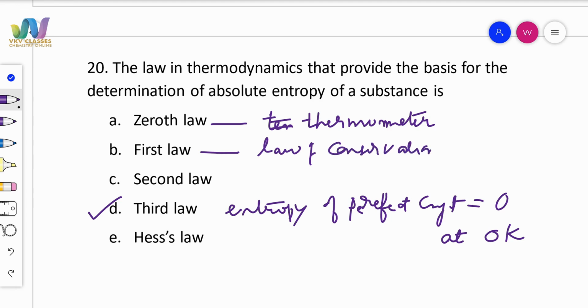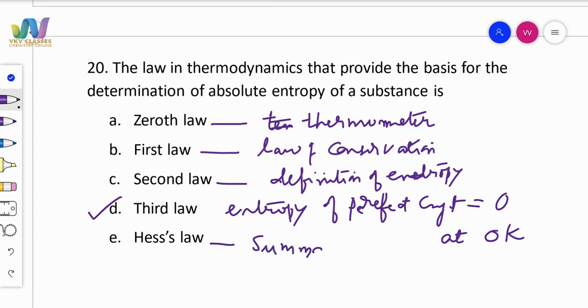Second law deals with the definition of entropy. Hess's law, you know, is the summation of enthalpies. So the choice here is the third law of thermodynamics, which gives a method for determining the absolute entropy of a substance.